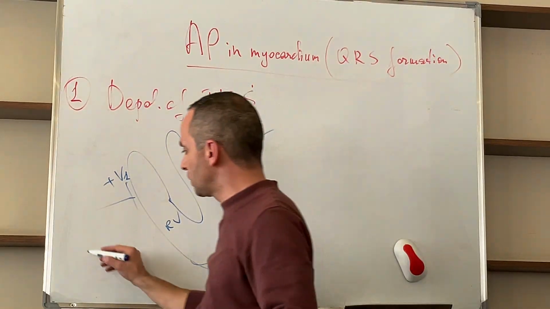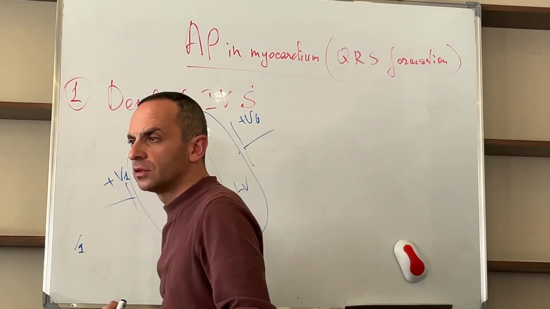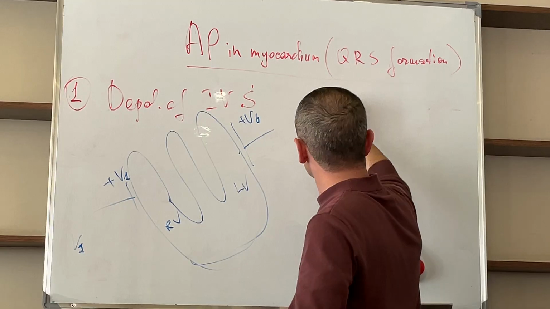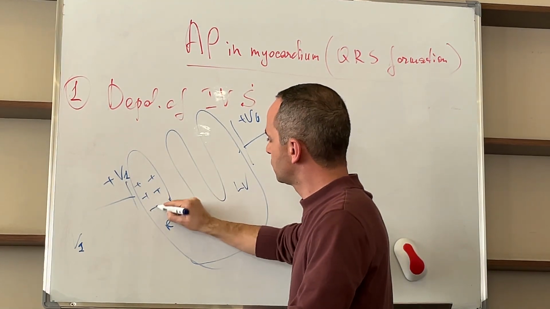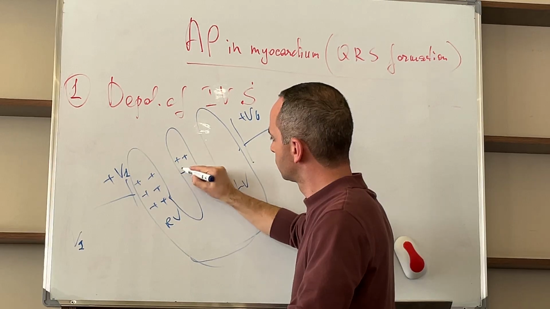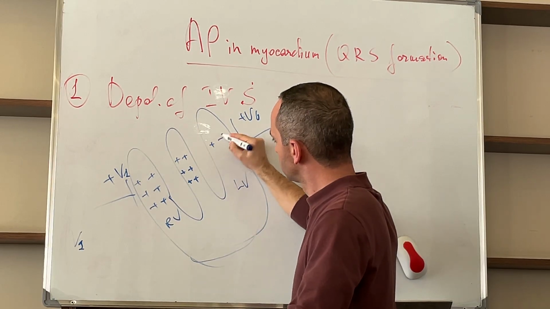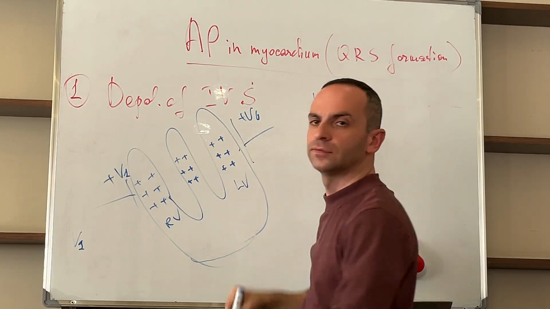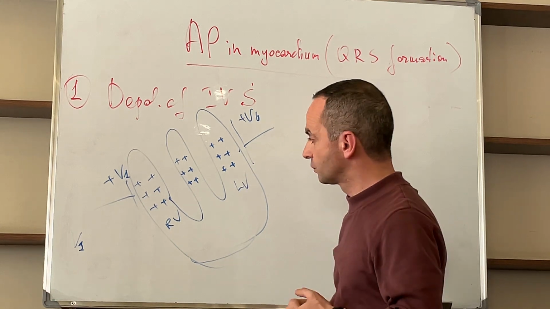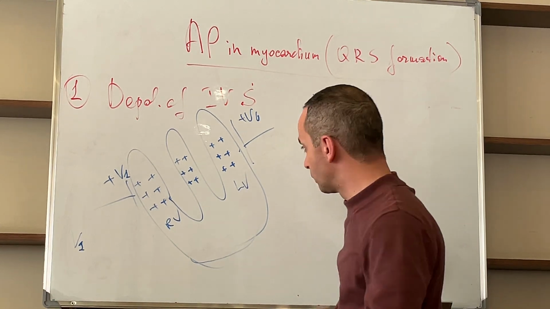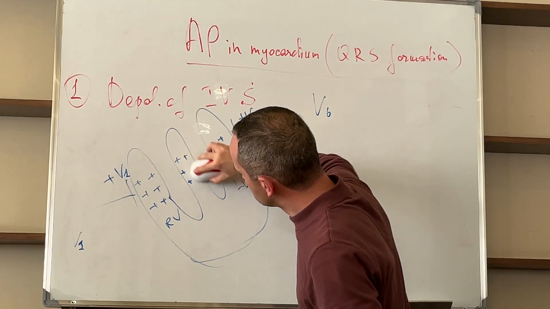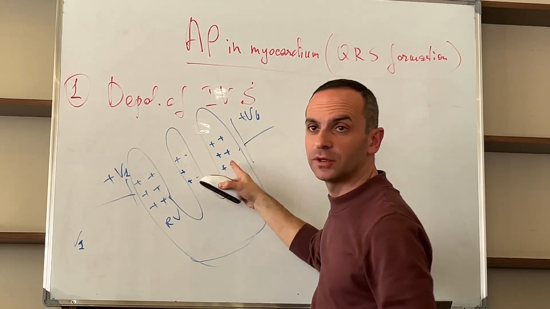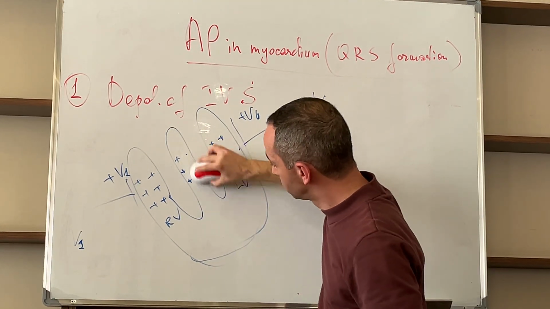And let's see what we have in V1 and in V6. Everything was positive before. Now, interventricular septum depolarization starts from the left parts. This is the left part, towards the left ventricle.